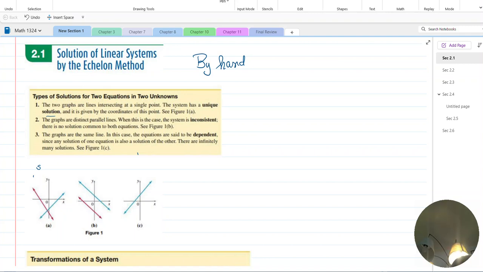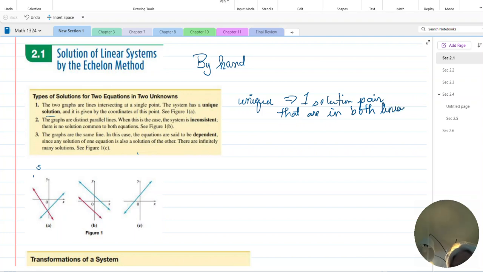So we're first looking at the types of solutions. The first one is unique, meaning one solution pair, because we're talking about two variables at the beginning, that are in both linear equations as a solution. And then we have the next one, which is inconsistent.